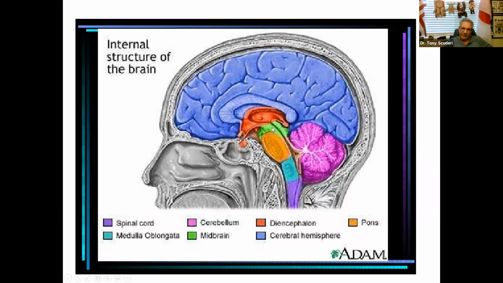This area here is the midbrain. It's called the midbrain. Not very large. Okay. And we have above the midbrain, right in this area here, this is called the diencephalon. Okay. And the pons right here.